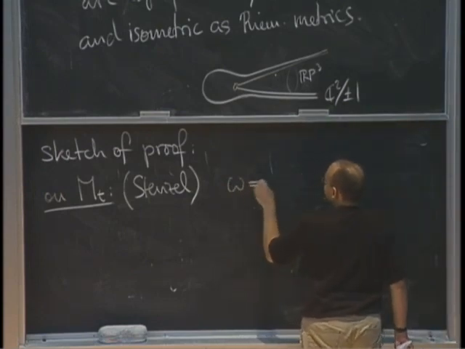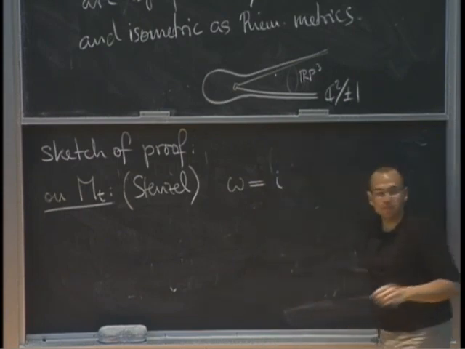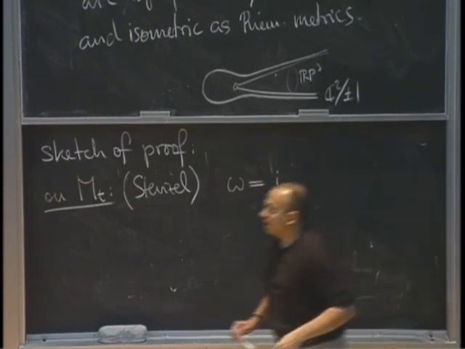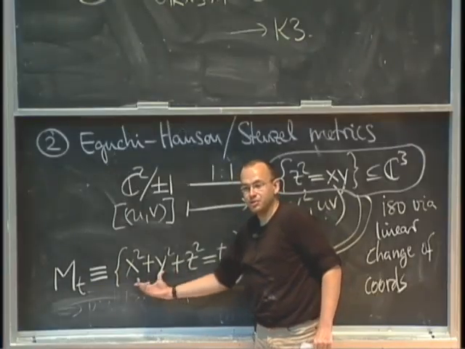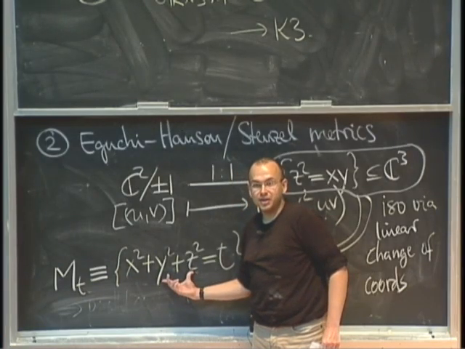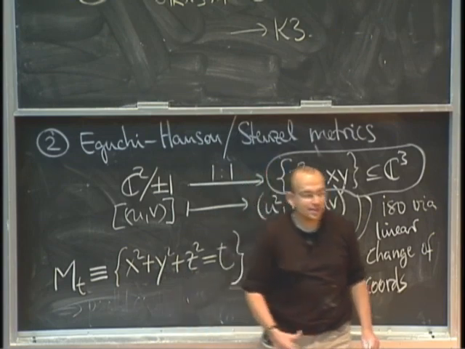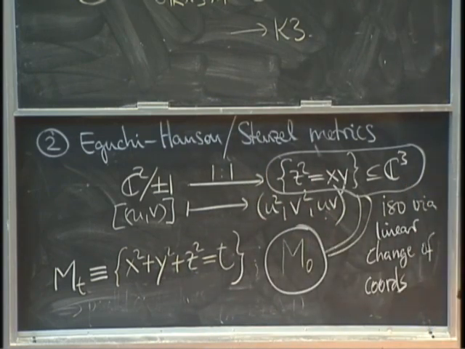The ansatz that you're making is you're trying to find a radially symmetric solution, and this is why I chose these coordinates, because in these coordinates you can see that the thing has a huge symmetry group a priori. It has SO3 symmetry. You can just let SO3 act on this coordinate vector, and it's going to leave the equation invariant. So it makes sense to look for a Ricci-flat metric that's also invariant under this SO3 symmetry.